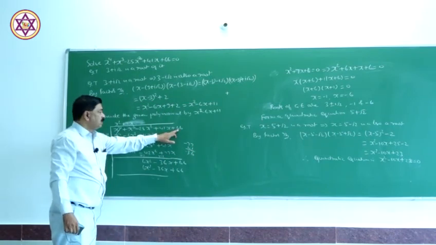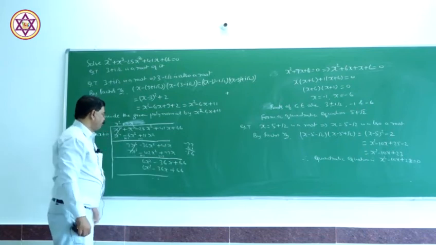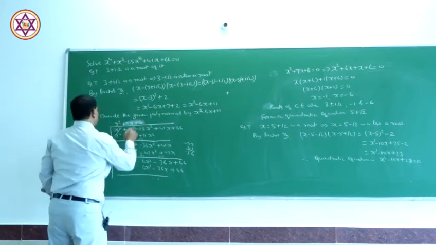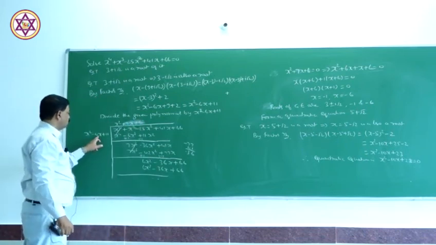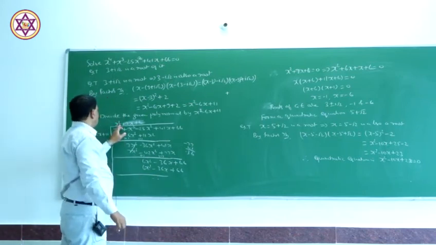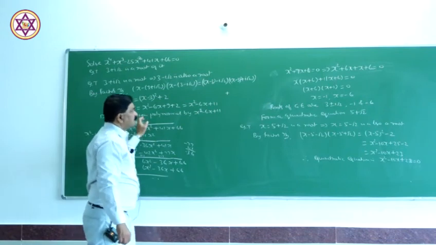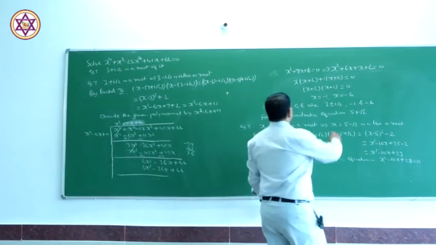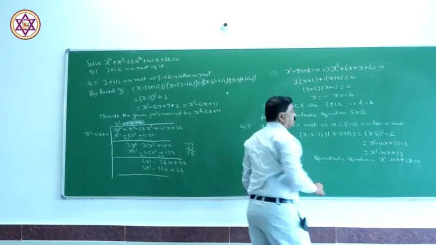The remaining term I am shifting here. Next plus 6, so 6x squared minus 36x plus 66, and here we get 0. Therefore, x squared plus 7x plus 6 is equated to 0.